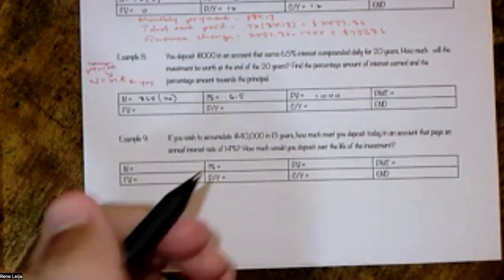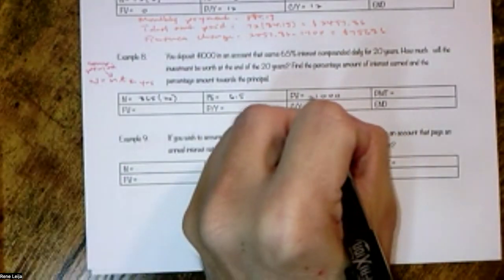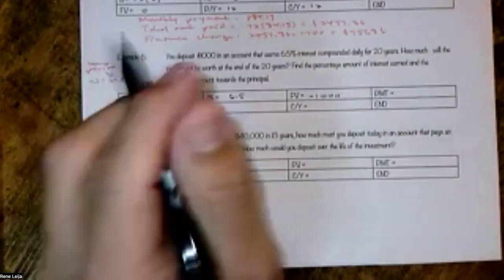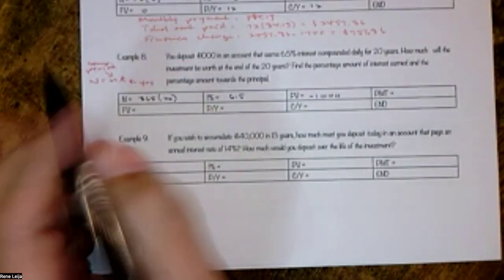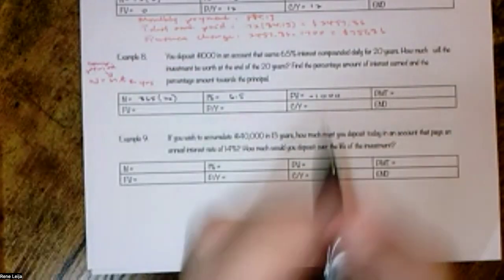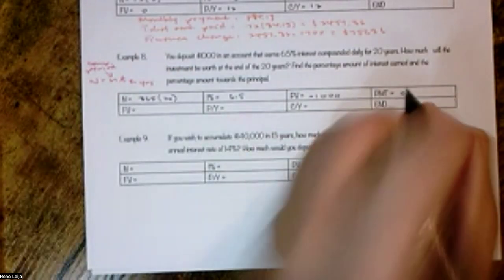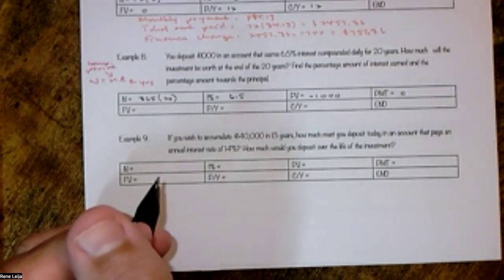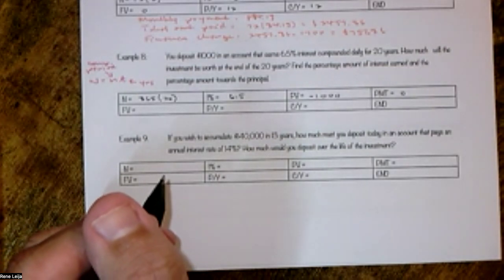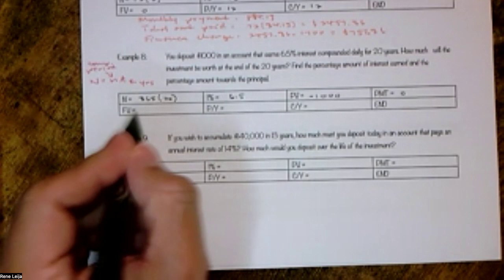So that means that's going to be negative because you're putting that amount in. It's coming from somewhere. Now we're not making any payments, so that's 0.